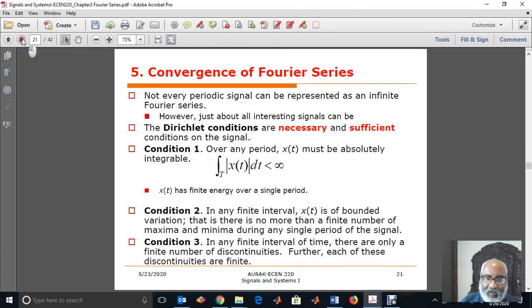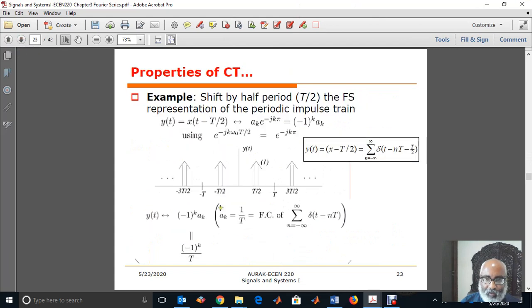So now what about the time shifted one? For the time shift, I will have the time shift factor e raised to minus jk omega naught times T over 2, times a_k. What is omega naught? 2 pi over T. So 2 pi over T times T over 2 gives e raised to minus jk pi.